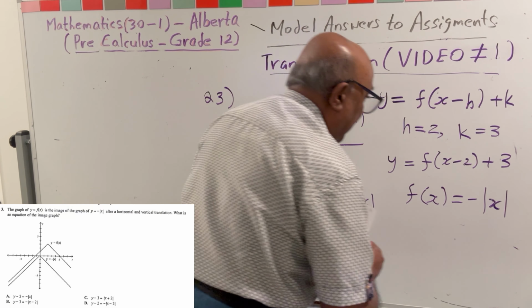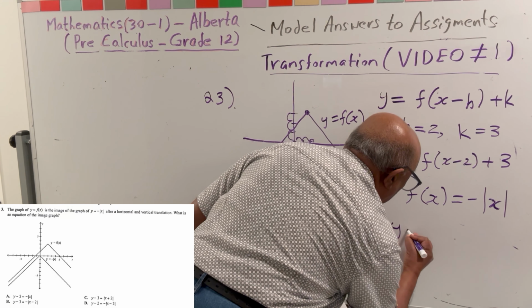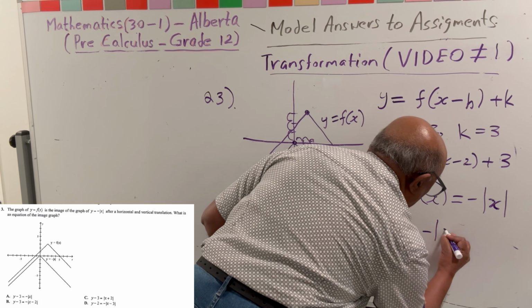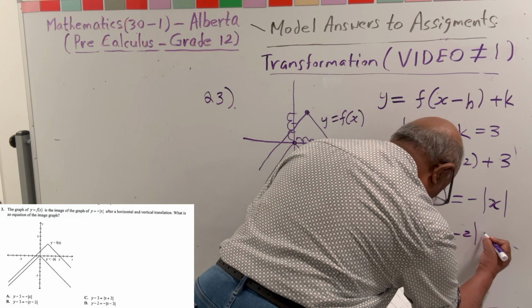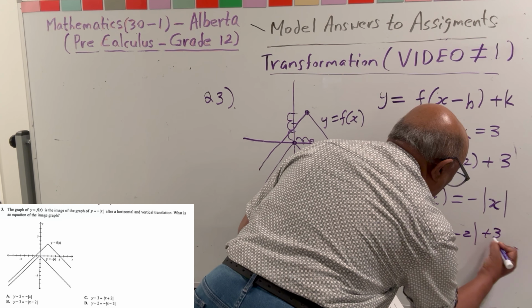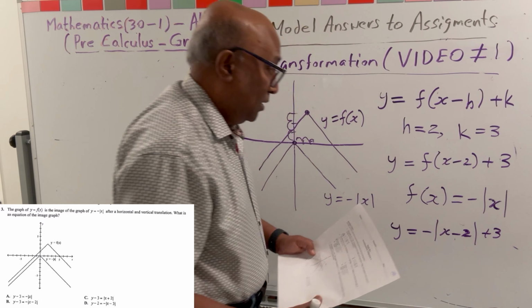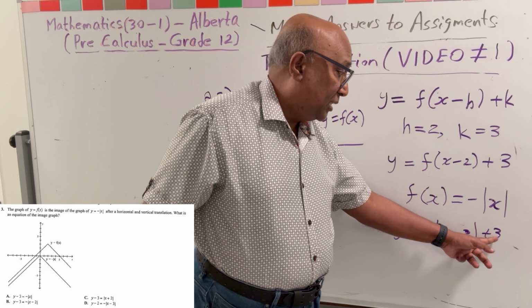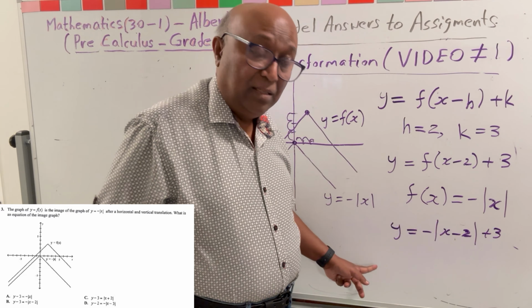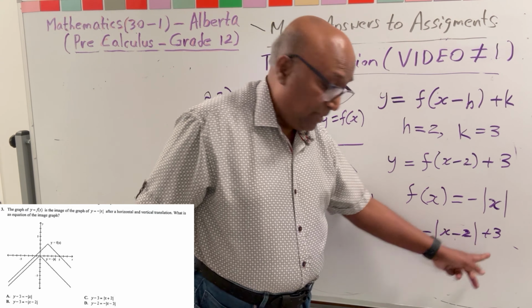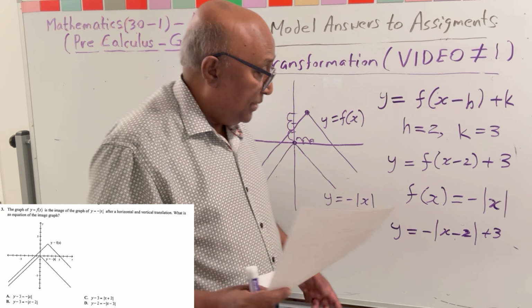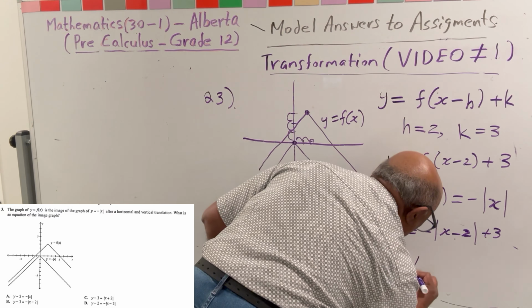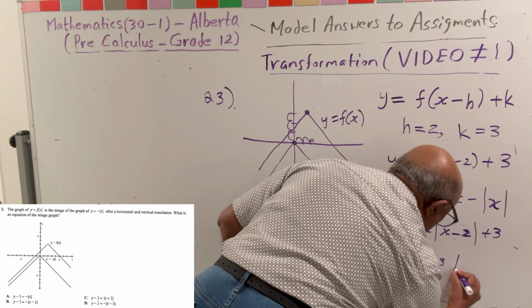That means your new function is this, plus 3. Now, in order to match the answer, you can move this 3 to here. If you add negative 3 to both sides, I think our matching answer, correct answer, is B. Answer is B.